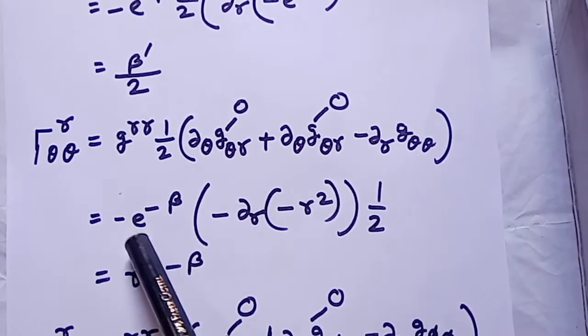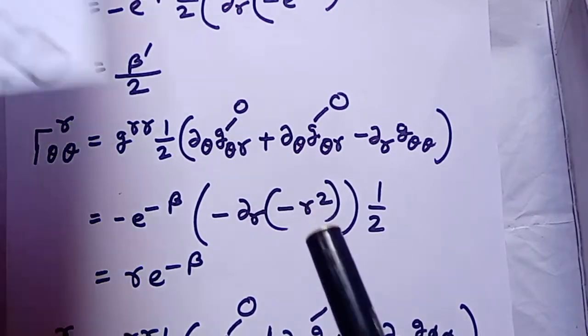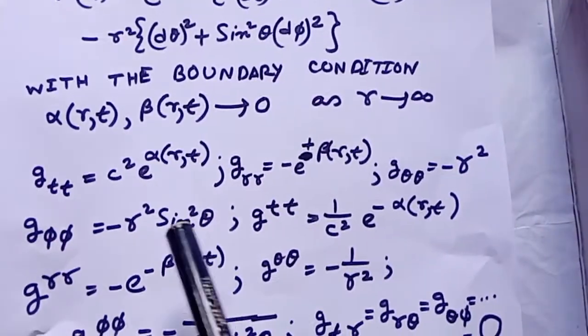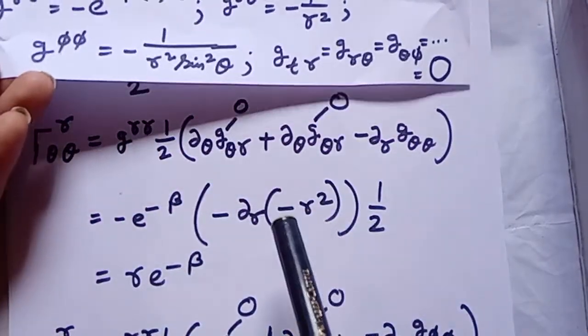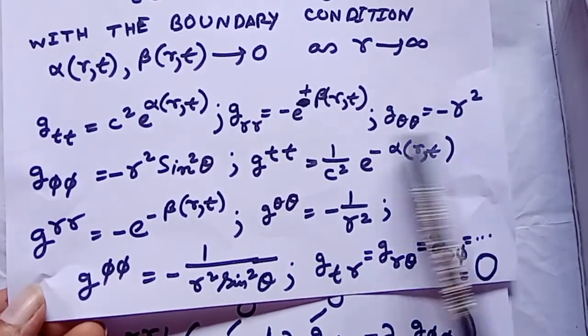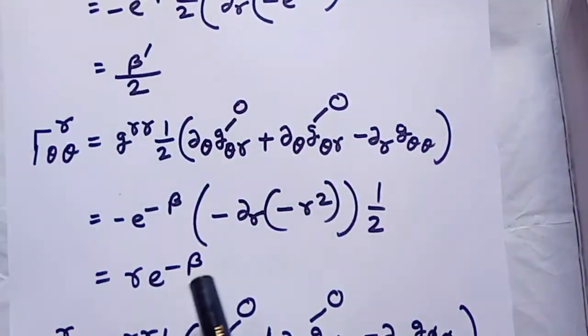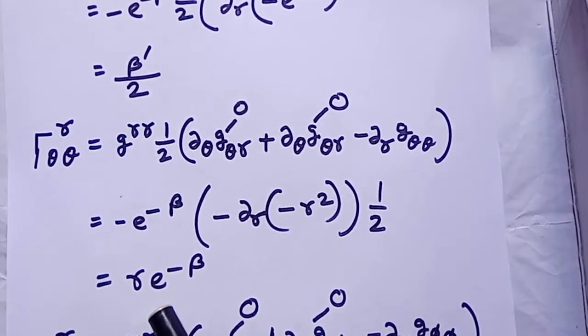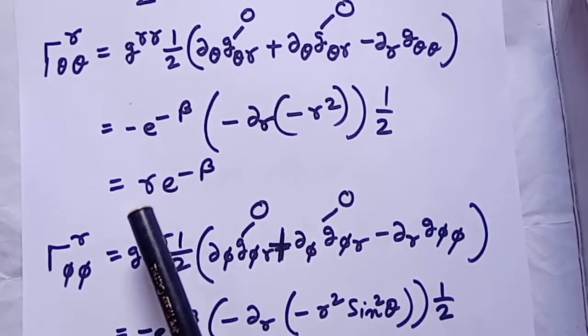Now g^rr and g_theta theta are the metric: g_theta theta is minus r squared, and g^rr is minus e to the minus beta. Putting it all together, the Christoffel symbol is r e to the minus beta.